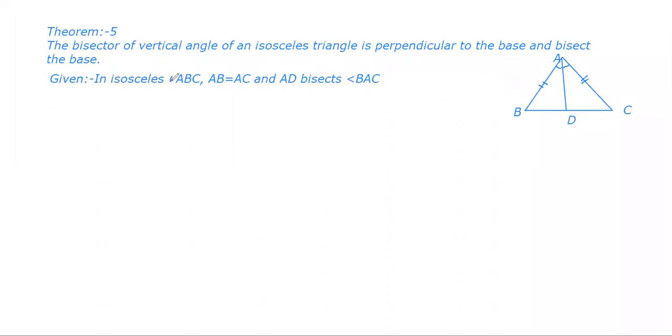In isosceles triangle ABC, AB and AC are equal, AD bisects the angle BAC.